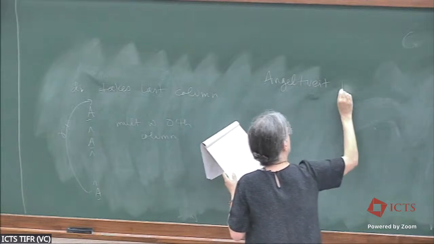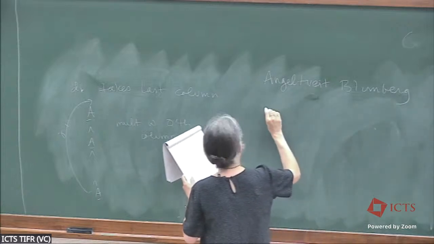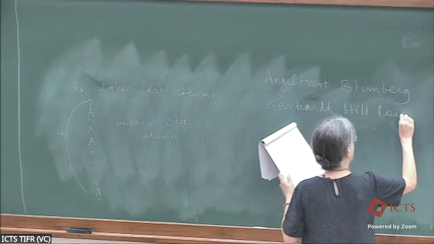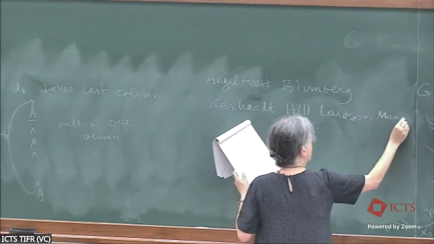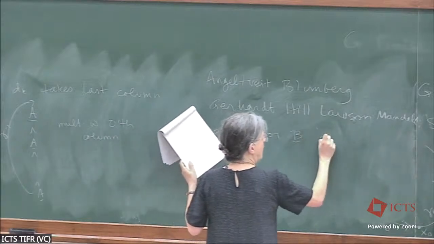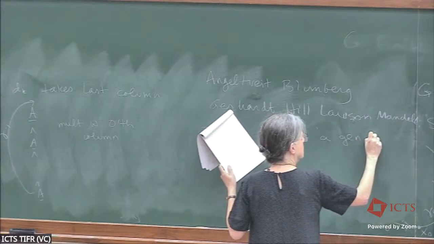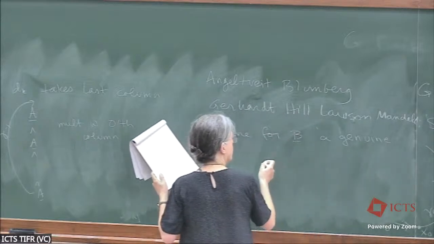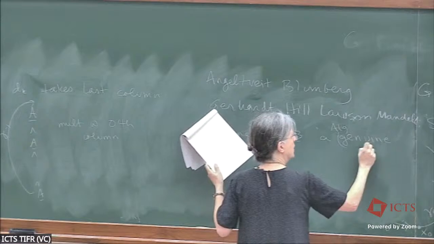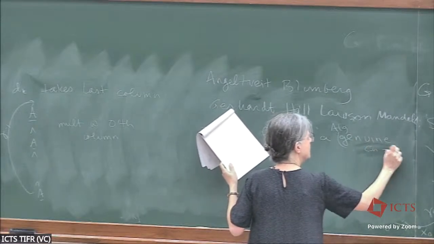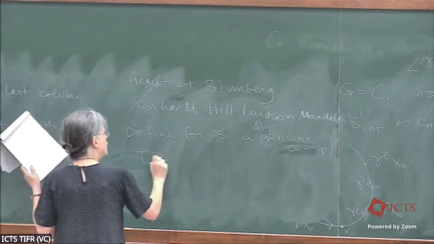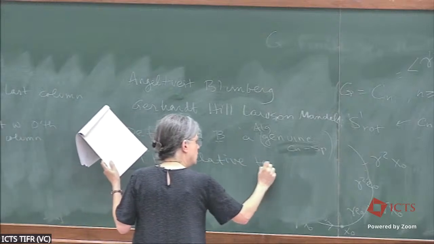Angeltveit, Blumberg, Gerhardt, Hill, Lawson, and Mandell define, for B a genuine commutative algebra in genuine C_n spectra, THH relative to C_n.